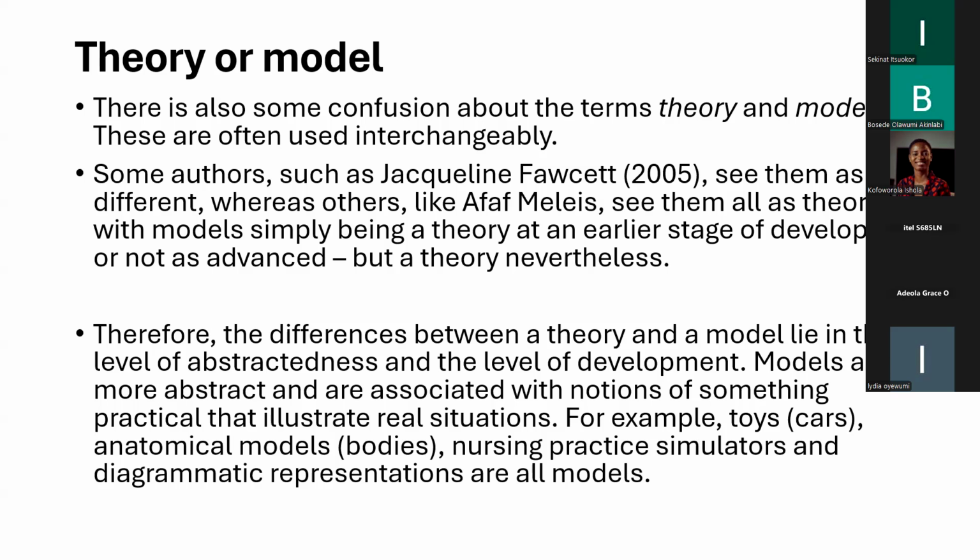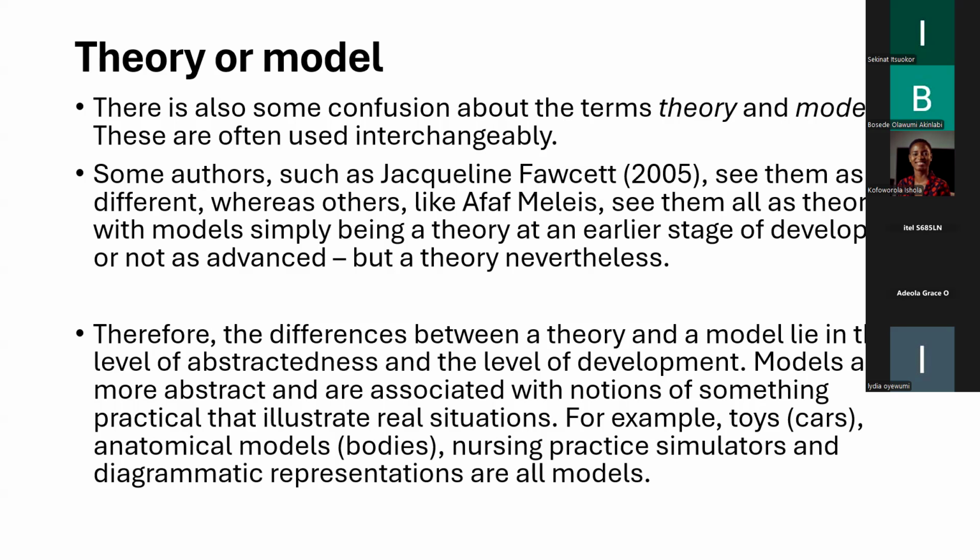And some will say that the model is a miniature of a theory, just like a model of a human heart. A model of a human heart is not a heart, but it looks exactly like a human heart. So a model is just a miniature of the original theory. So when you see the model, you can understand the theory. That is a different perspective, while some say it's used interchangeably.